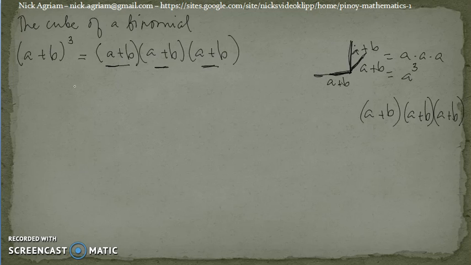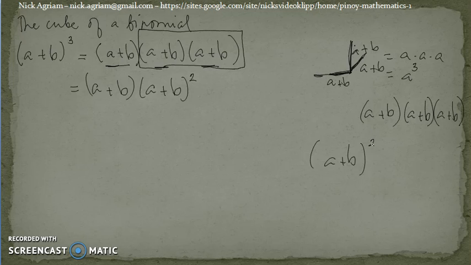But these two here are the same as a plus b squared, and a plus b squared we discussed in the square of a binomial.